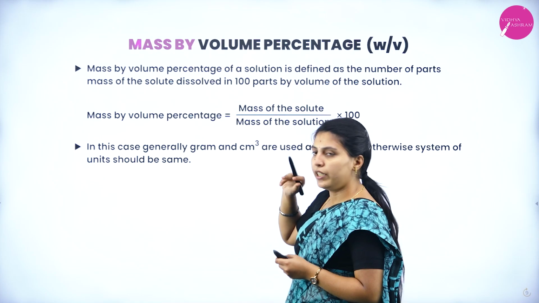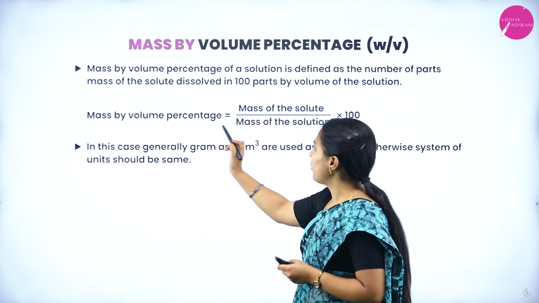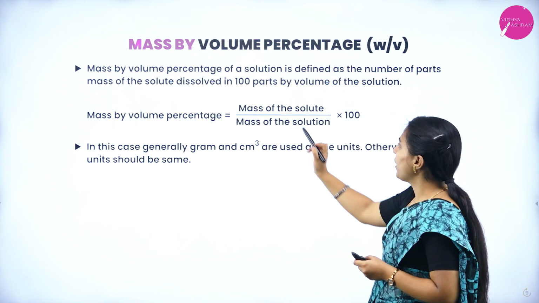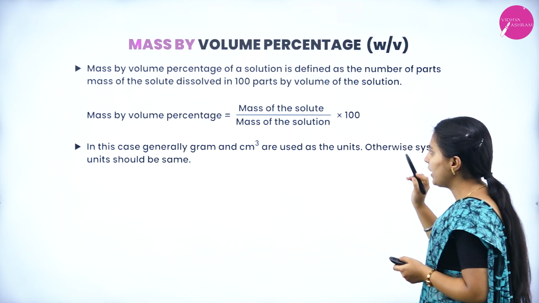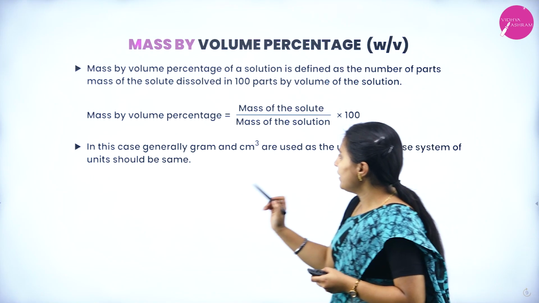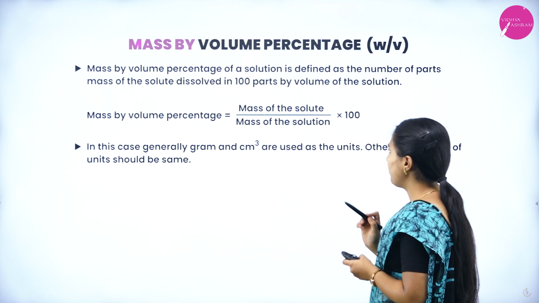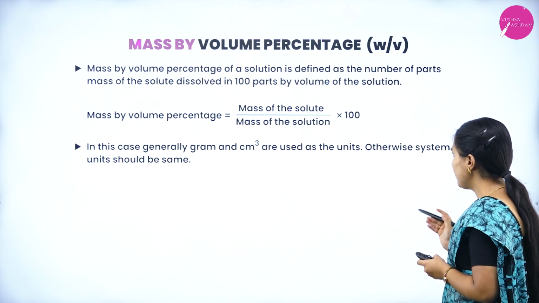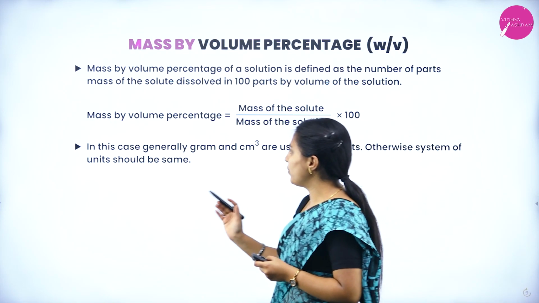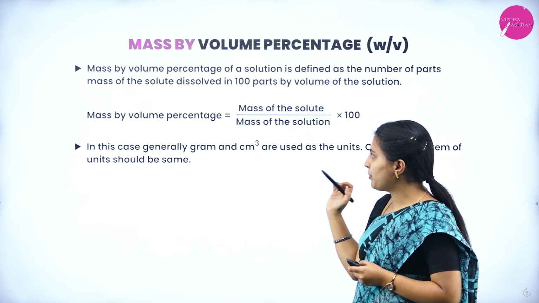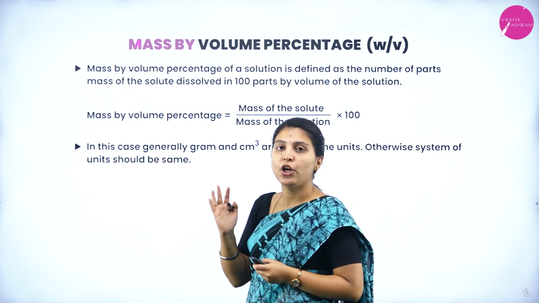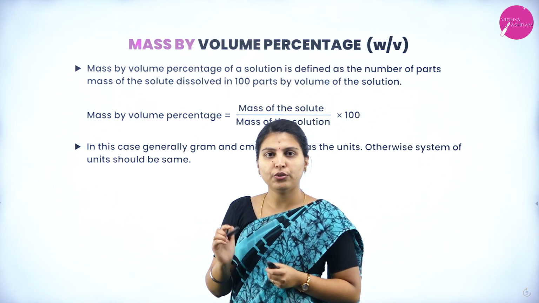It will be defined by the formula: mass by volume percentage is equal to mass of the solute divided by volume of the solution into 100. In this case, generally gram and cm cube are used as the units, otherwise the system of units should be same. Okay. So mass by volume percentage means mass of solute divided by volume of solution into 100.